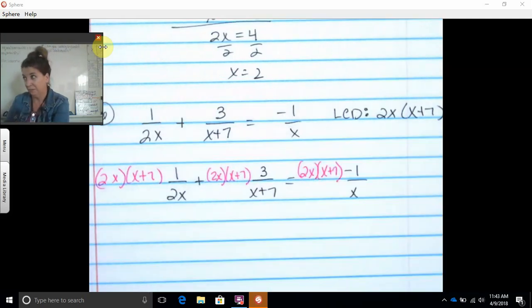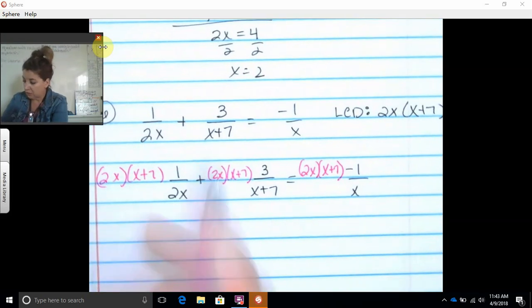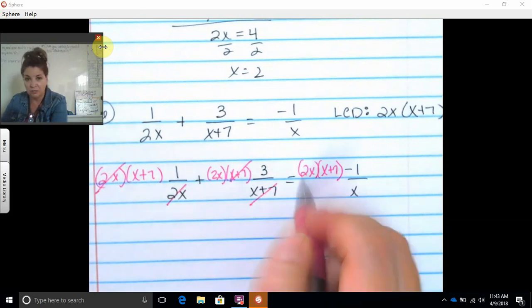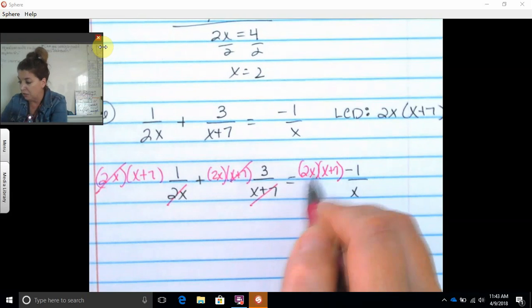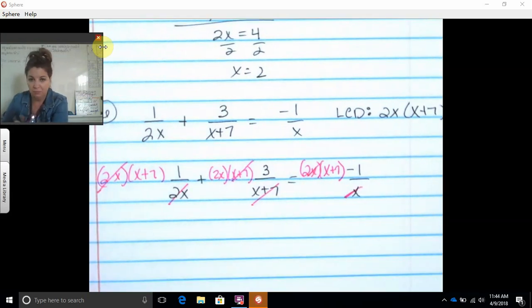Is anybody confused? Okay, so I'm going to cancel where I can. 2x and 2x cancel. X plus 7 and x plus 7. And over here, I can't cancel the x from x plus 7 because that's a binomial, but I can cancel it from the monomial, because remember you can just cancel pieces, but just the x goes away.